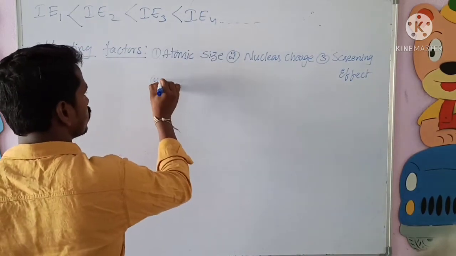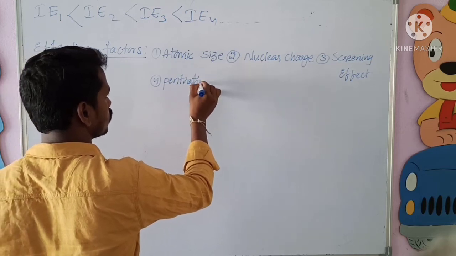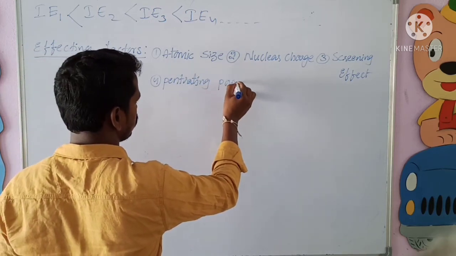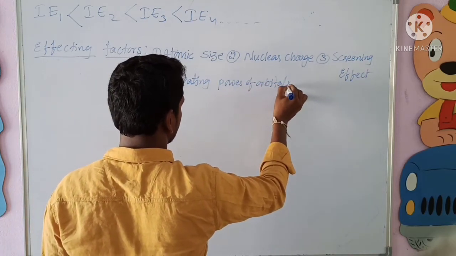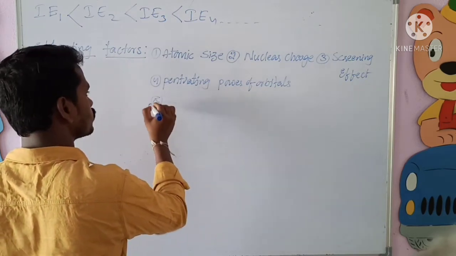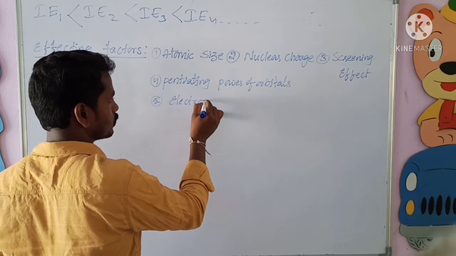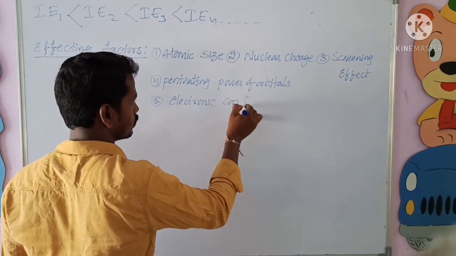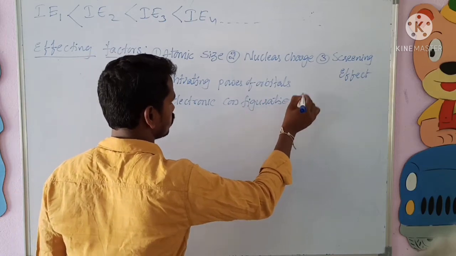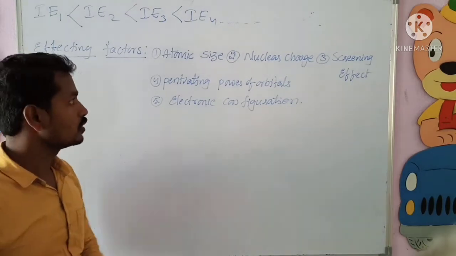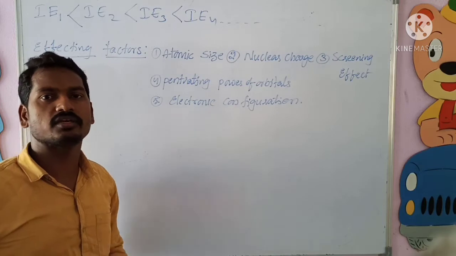Fourth one, penetrating power of orbitals. And fifth one, electronic configuration. So these are the main factors affecting ionization energy.